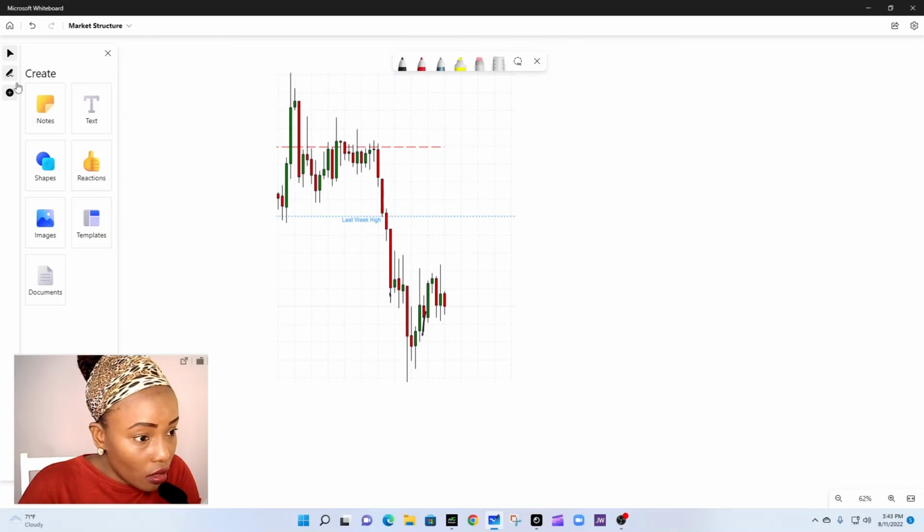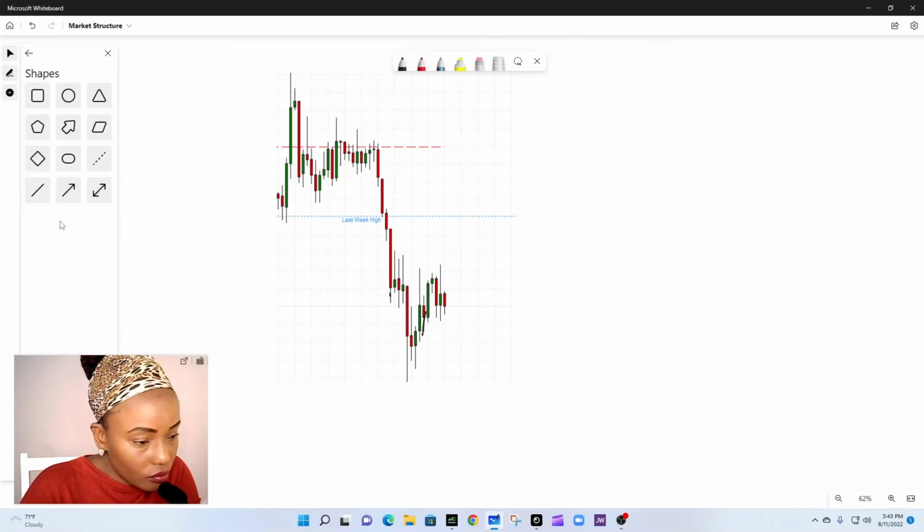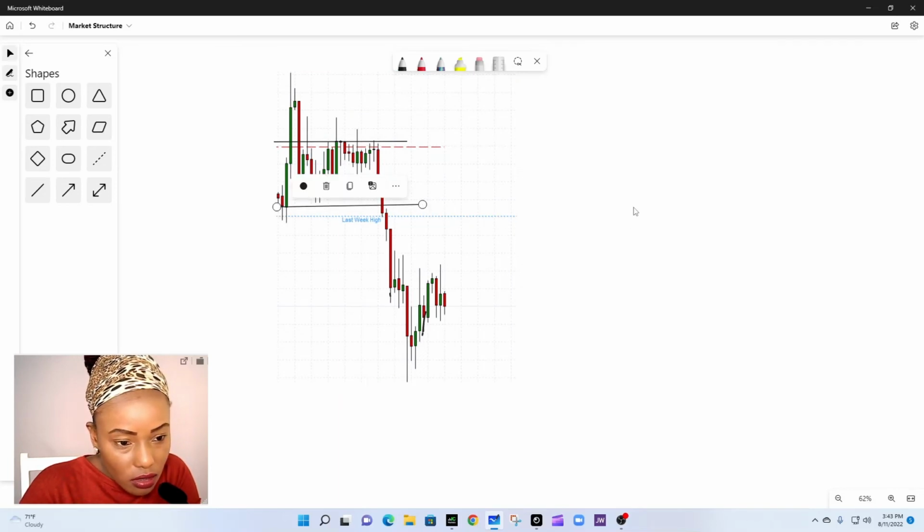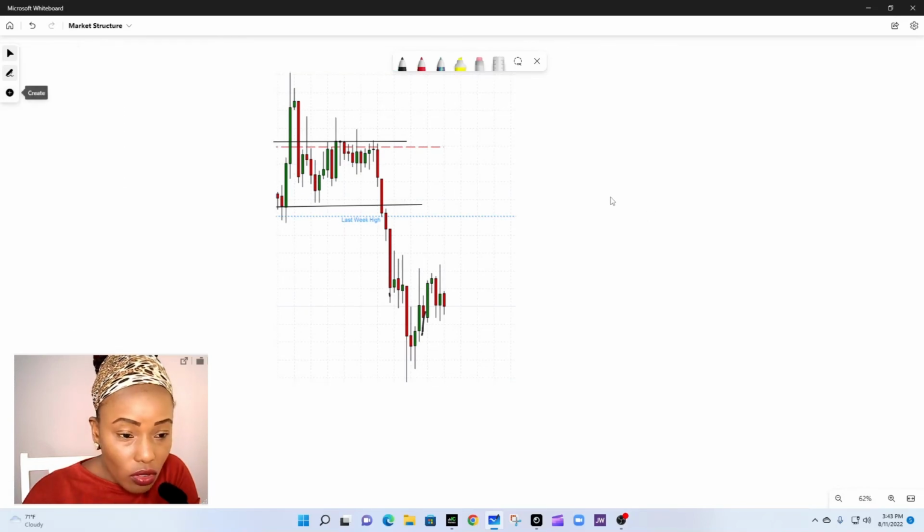So here this is a ranging market. That's the high and that's the low. So what did we do as traders? We waited for the price to break out.